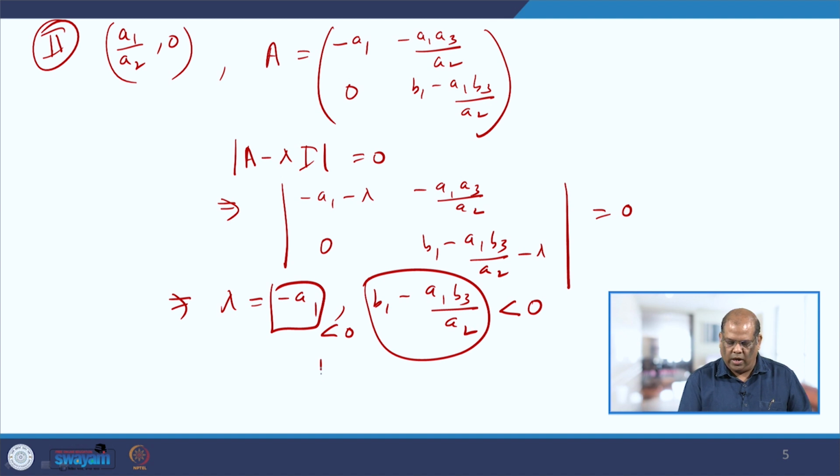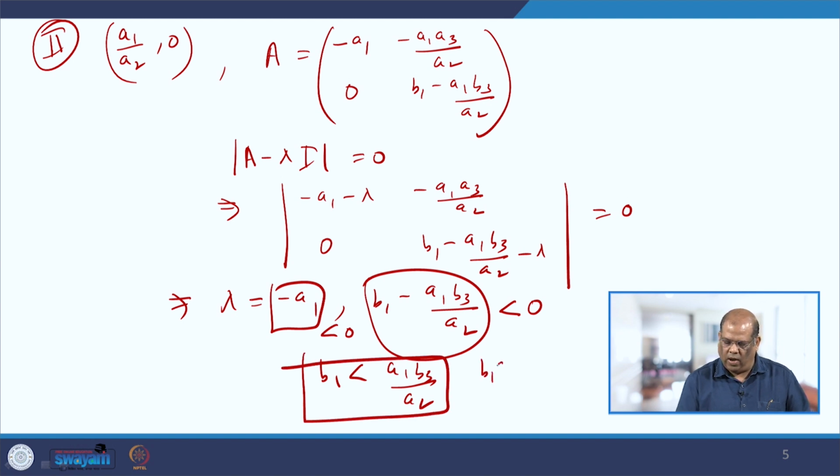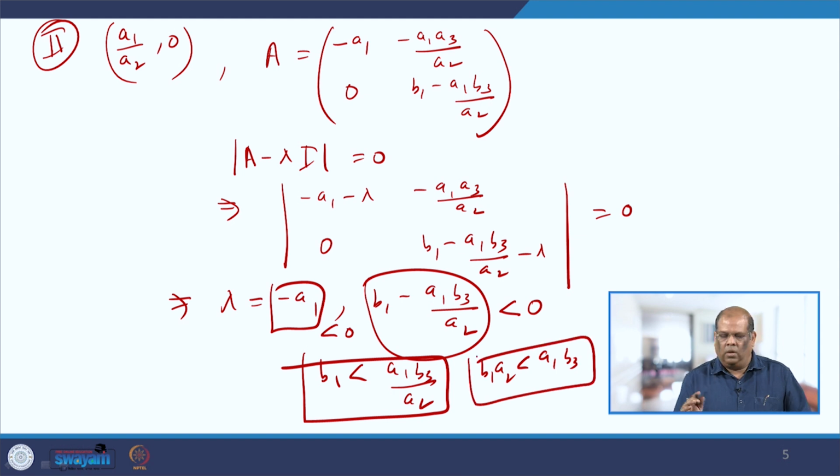So, you can get a condition that b1 must be less than a1 b3 by a2. You can write it in any form. You can write it as b1 a2 is less than a1 b3. What you have to take care of when you are doing the numericals is that if you want a stable system for this particular equilibrium point, this inequality must be satisfied.